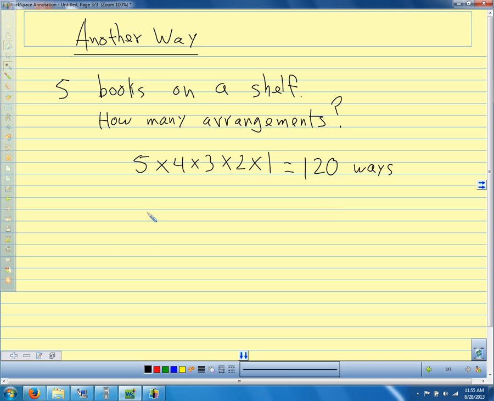We say 5 times 4 times 3 times 2 times 1, and we write that as 5 factorial. That exclamation point we pronounce as factorial, and it means start at whatever number and multiply by each smaller number until we get to 1.